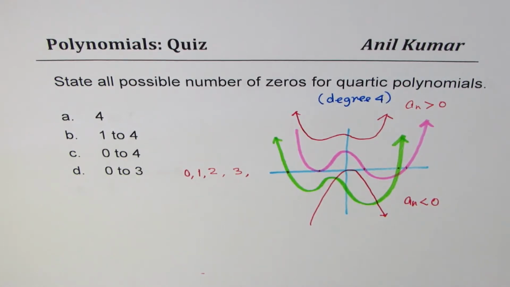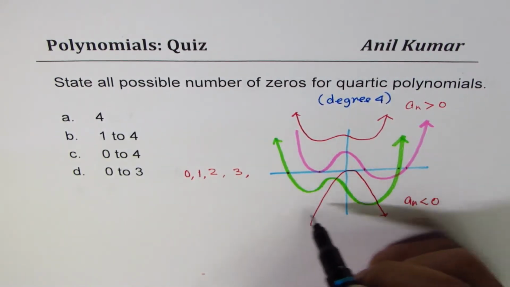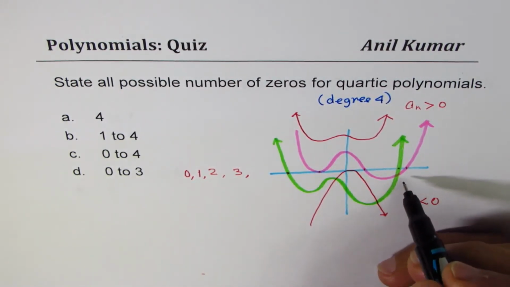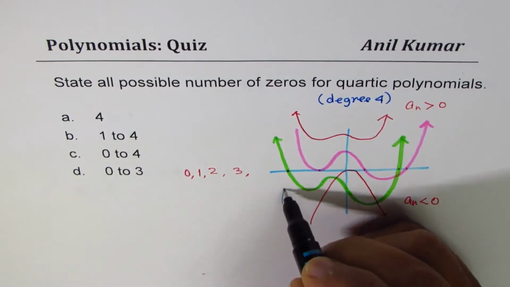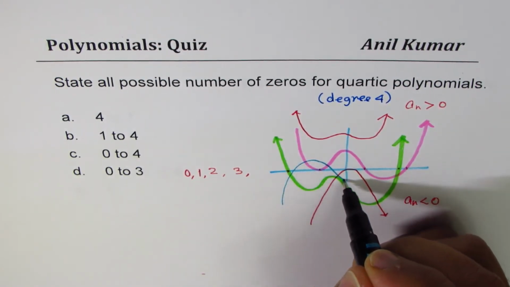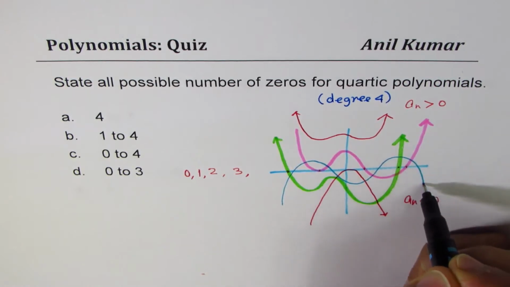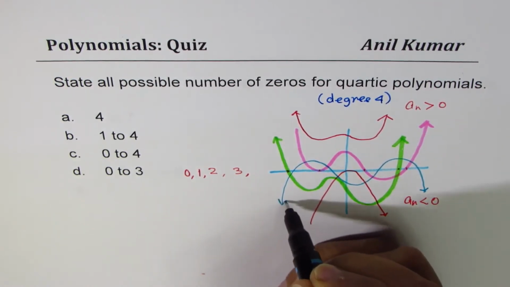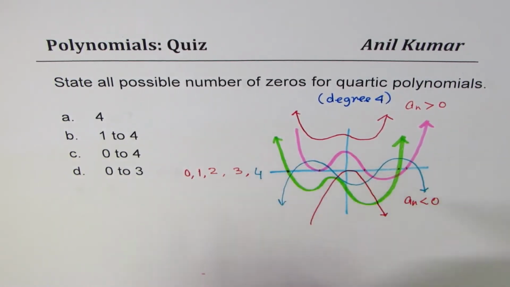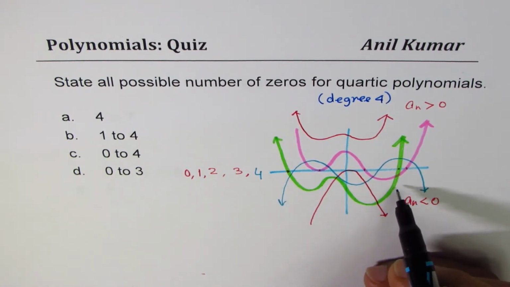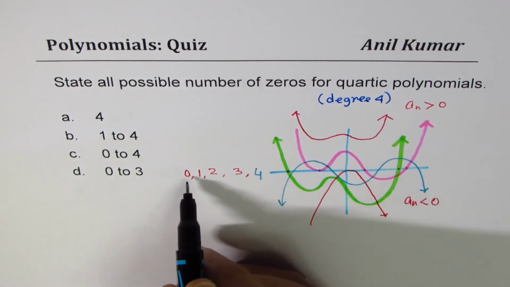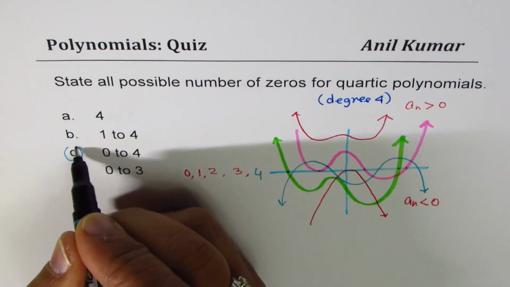Now, you could also draw a quartic polynomial which may be kind of having 4 zeros, for example, 4 linear zeros, like this. Correct? So we have 4 zeros. So for a quartic polynomial, we could have 0 to 4 number of zeros, correct?